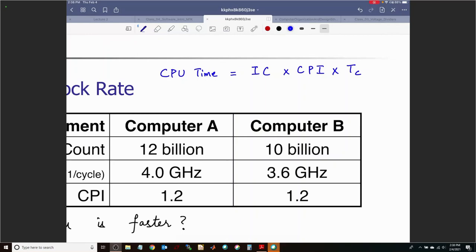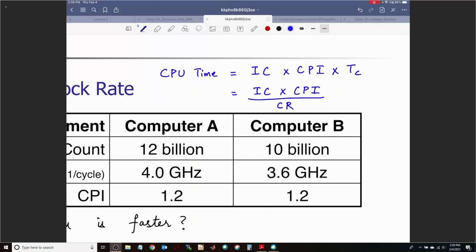That was what we call the classical equation for computer performance. Now, because we know that clock cycle time and clock rate are reciprocals of each other, we can also rewrite this as IC times CPI divided by clock rate. So that's our CPU time. By the way, if you incorporate CPU time in your MIPS calculation, you can do that as well. So you can express MIPS in several different ways.